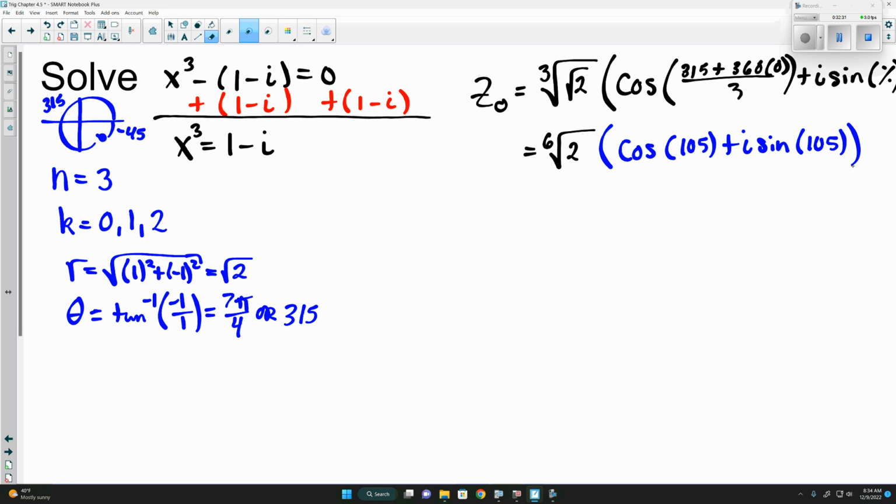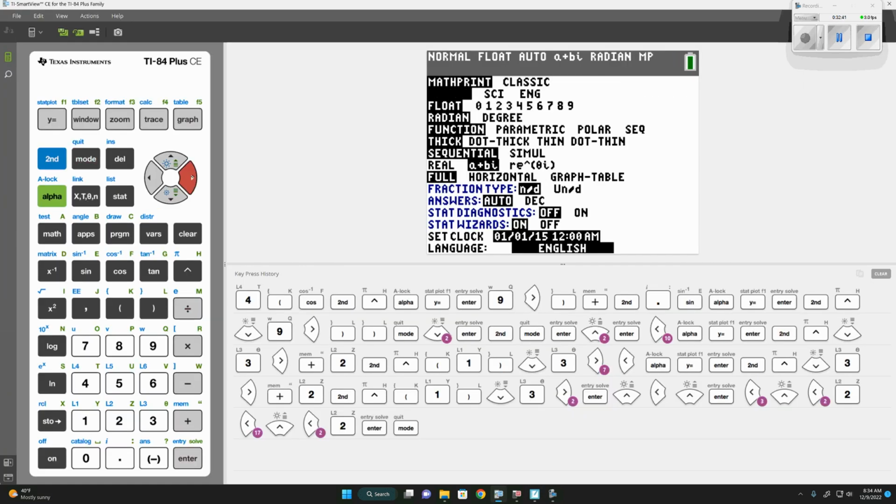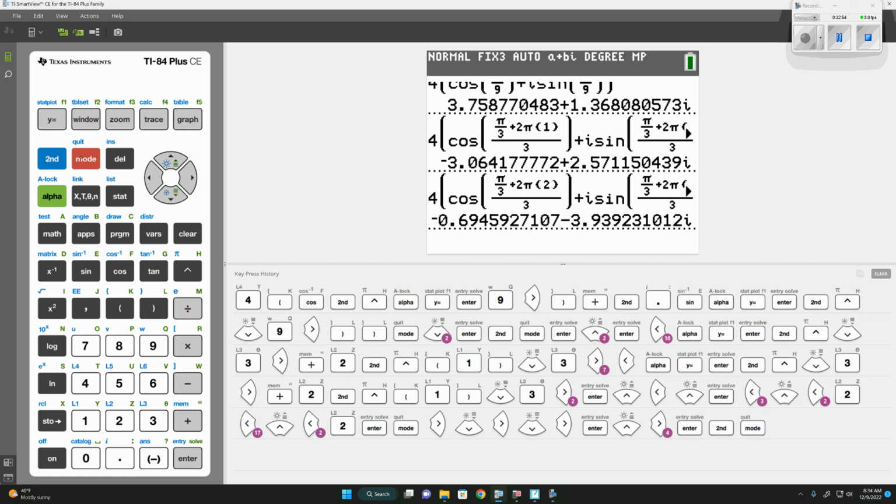Cosine and sine of 105 are not nice numbers. Well, they are and are not at the same time, since they are half angles. So we can still do this in the graphing calculator, and especially on the homework, if we know what we're going to get.